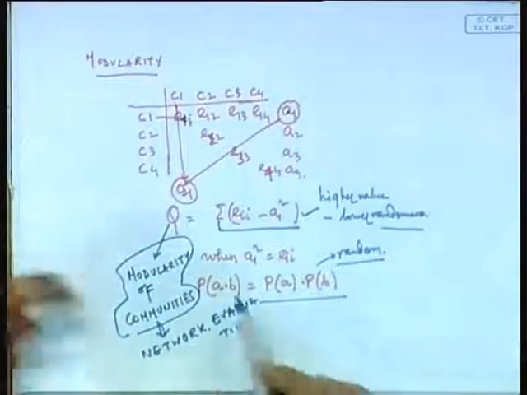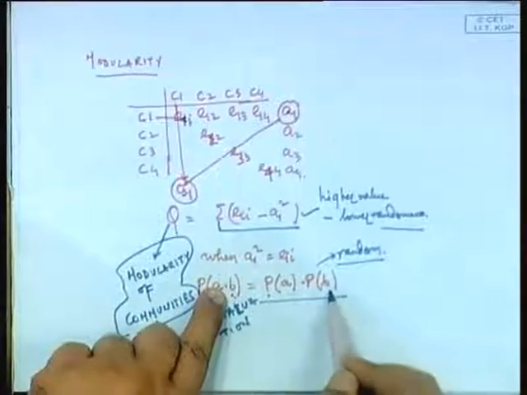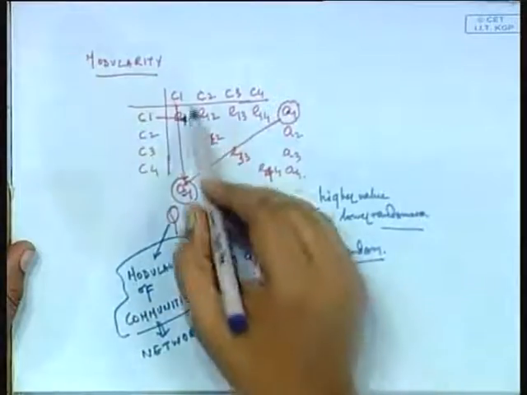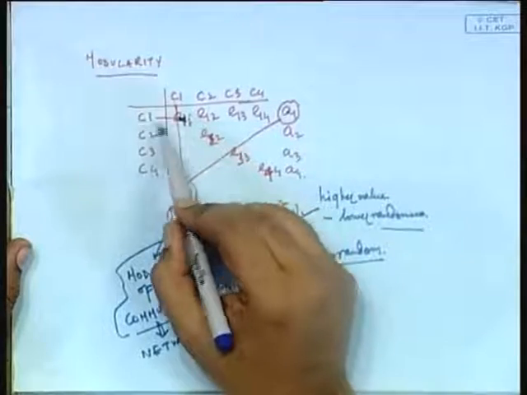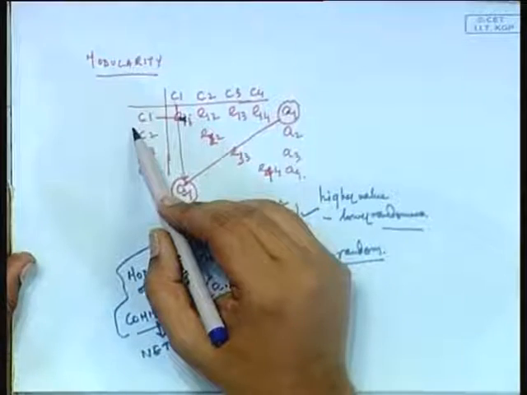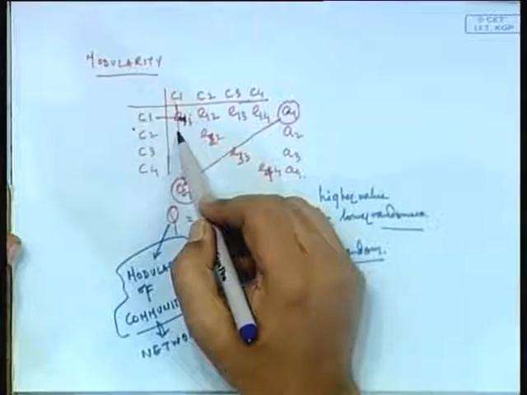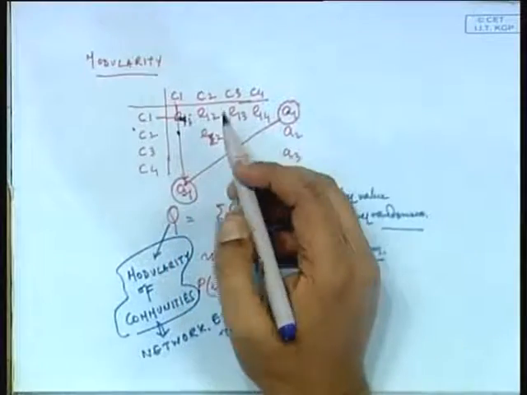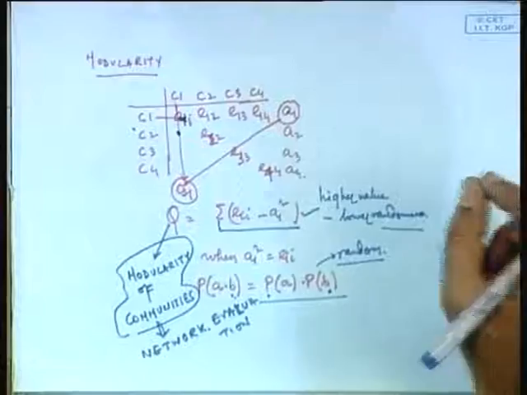See, if P(AB) is equal to P(A) into P(B), then EII is P(A) into P(B), the probability that it has occurred in C1 and C1, means one edge is in C1, another edge is in C1.